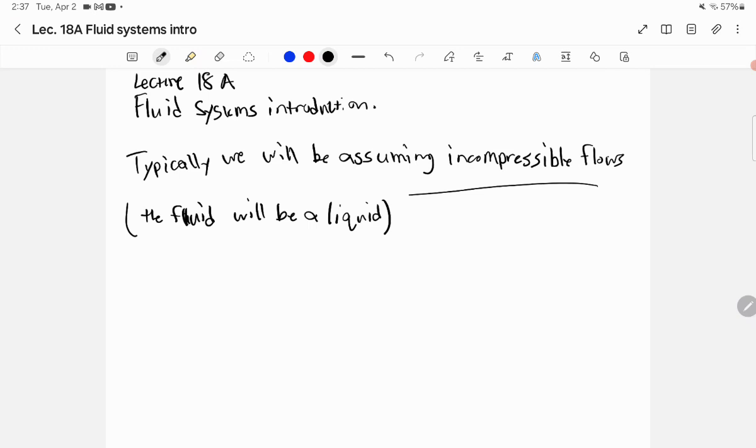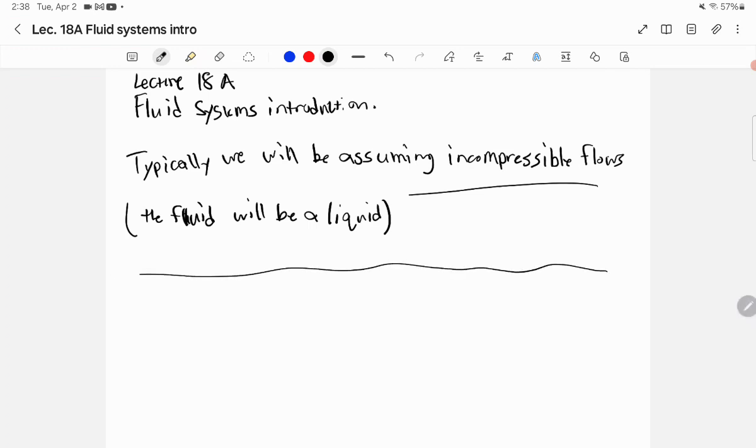That's essentially what we're saying here. Generally, liquids produce incompressible flows, whereas gases, which are also considered fluids, may not have incompressible flow. In fact, it's compressible. So when we're dealing with fluid systems, that's what we're going to focus on.